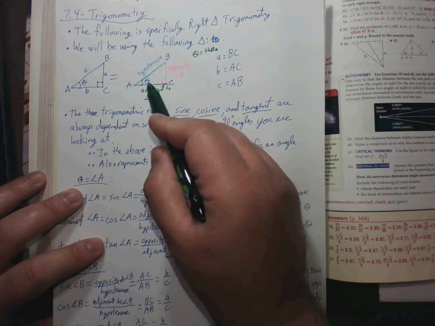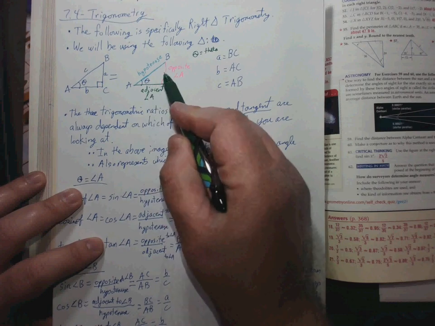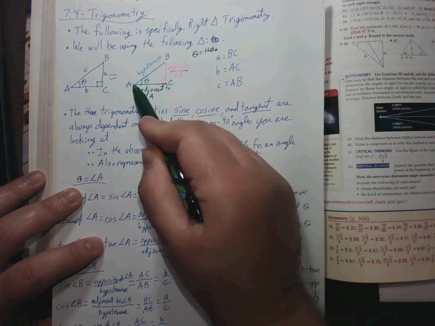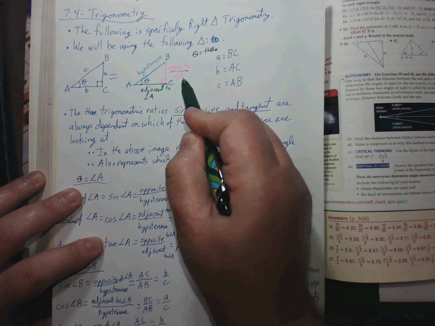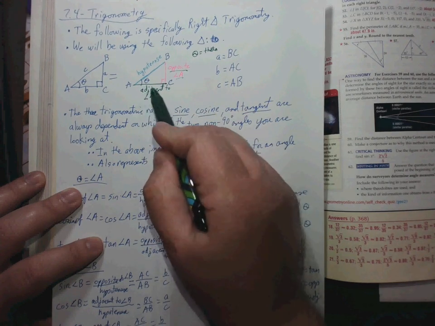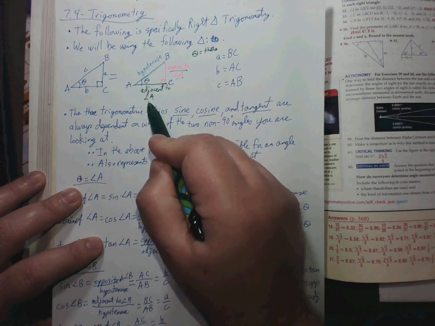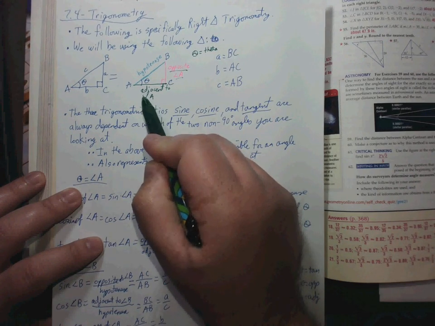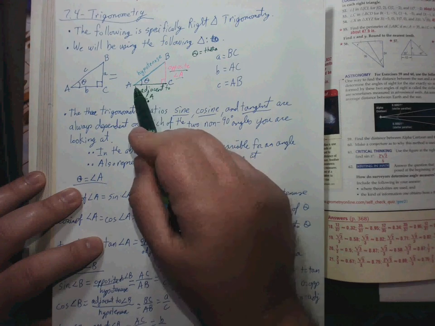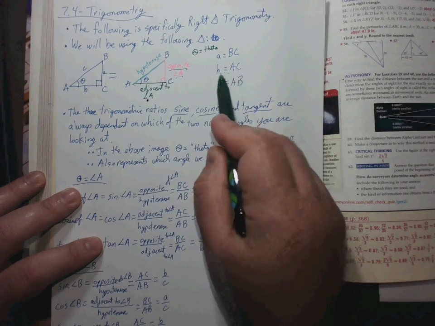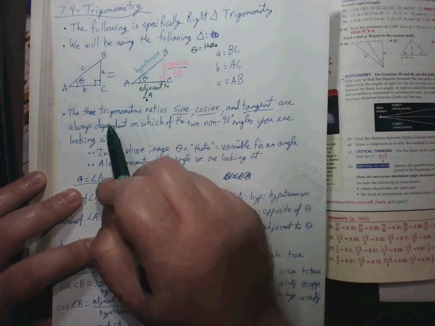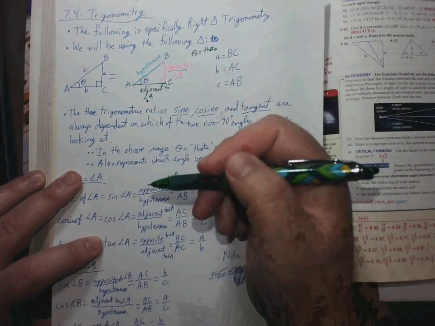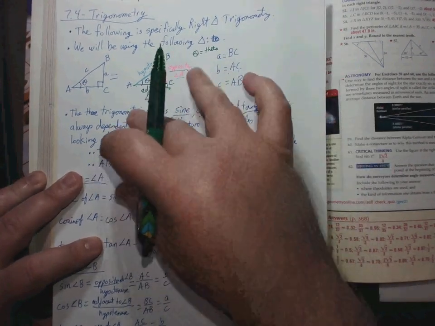So here, if this is the angle I'm looking at, this side here is opposite angle A. This side here is adjacent to angle A. Adjacent means next to, so this side, AC, is next to angle A. BC is opposite angle A. It's important to understand that.